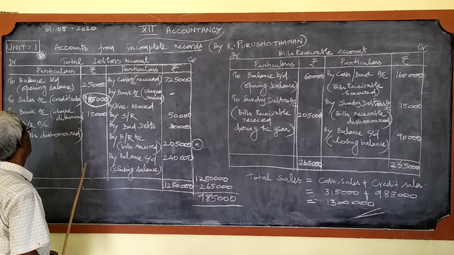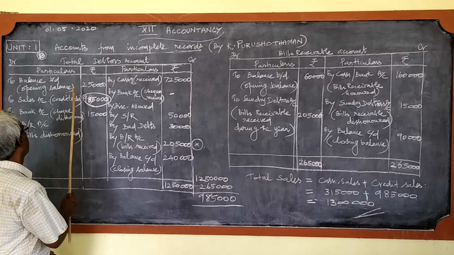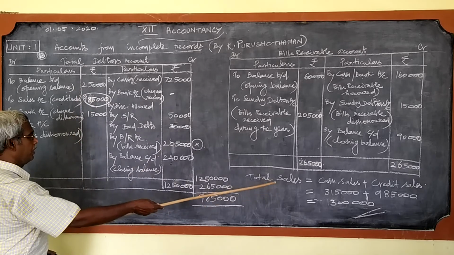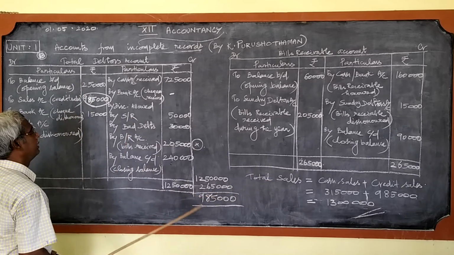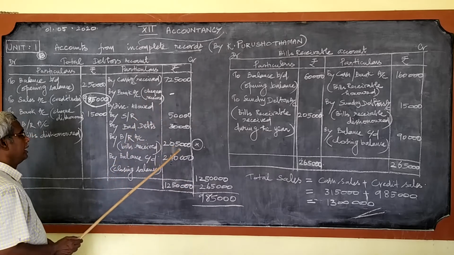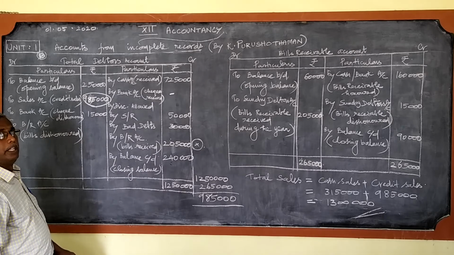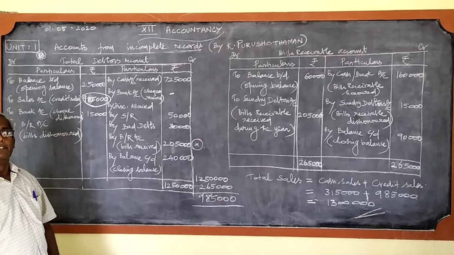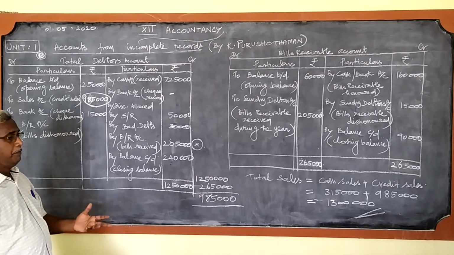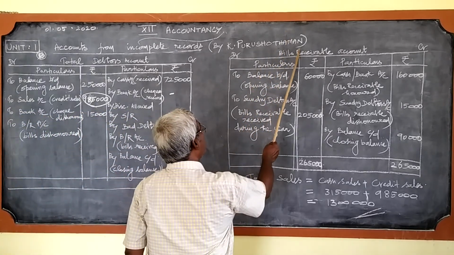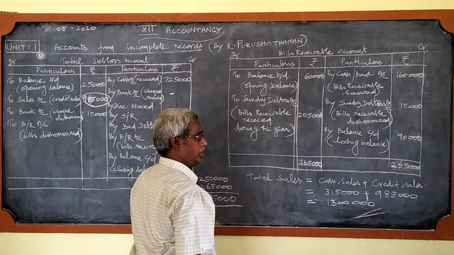From this, what will we have to find? We will have to find the credit sales, because it is required there. To find it, what is missing is the bills receivable received, and that is not given in the problem straight away. For that, we should use this format, bills receivable account.